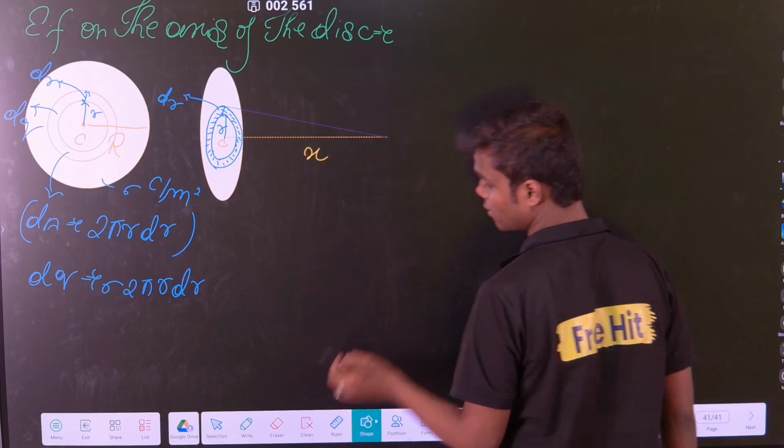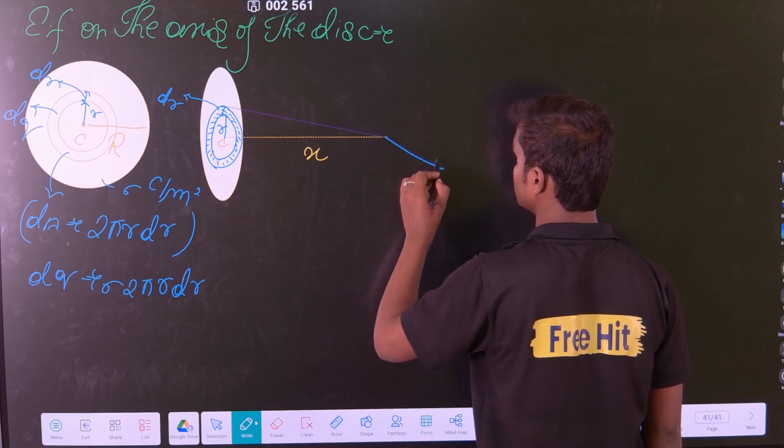This is my electric field, it will go like this, correct?